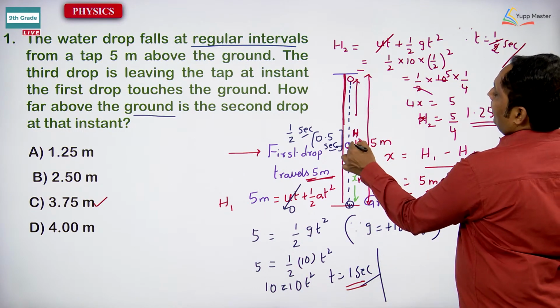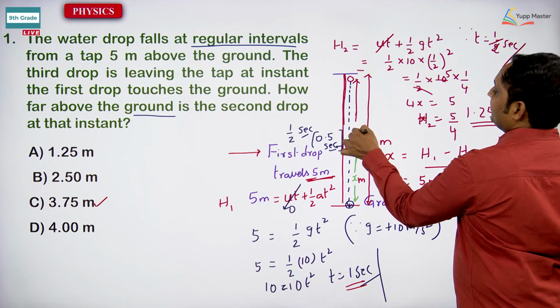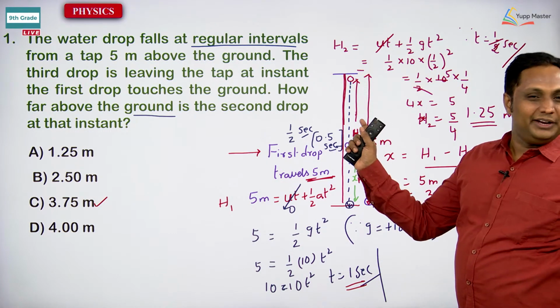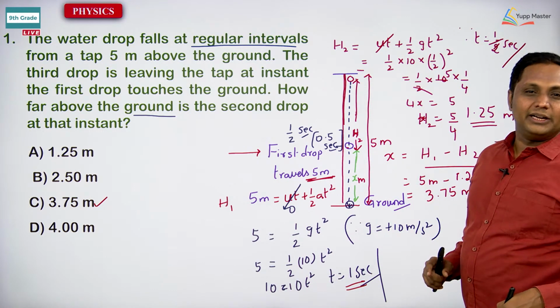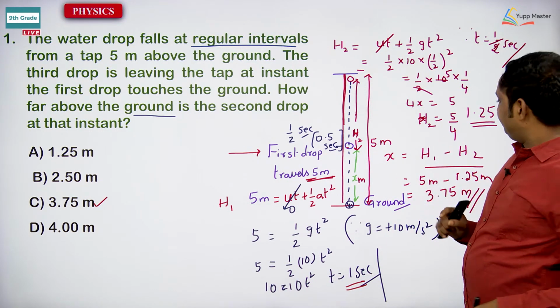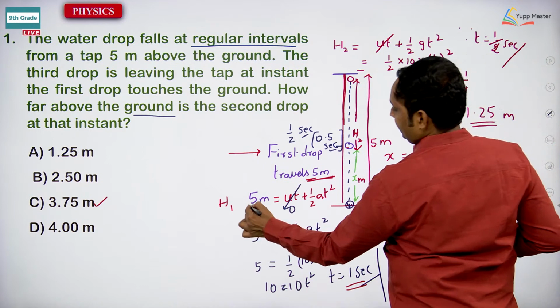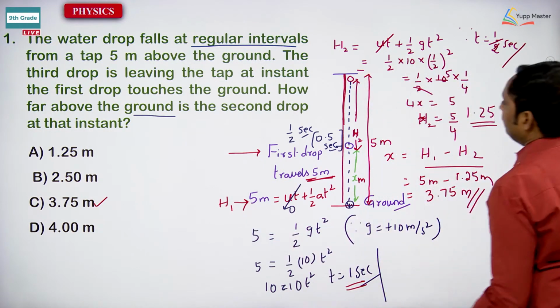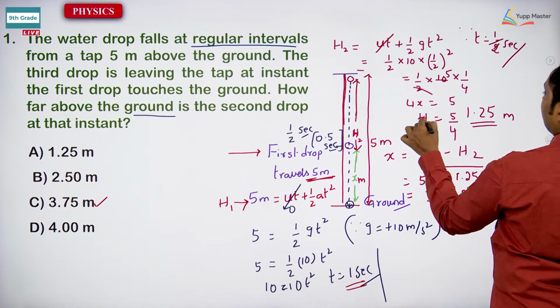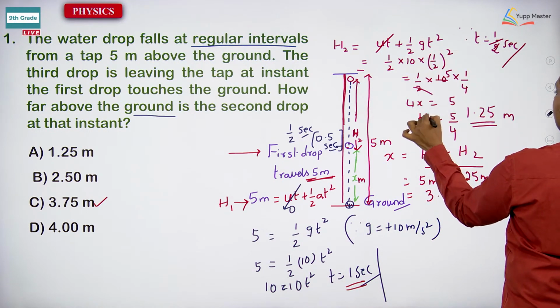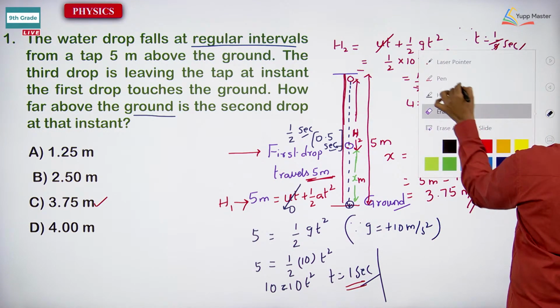For the second drop, it has been presented at H2 meter distance. H1 is the total distance travelled by the first drop. So, this is H1, and this is H2. We have to calculate H2, and it is going to be solved with the help of this one.